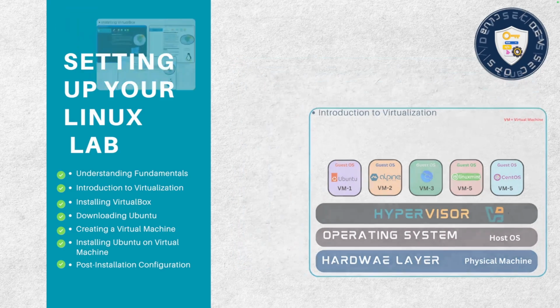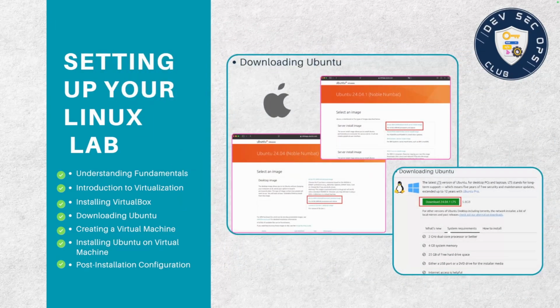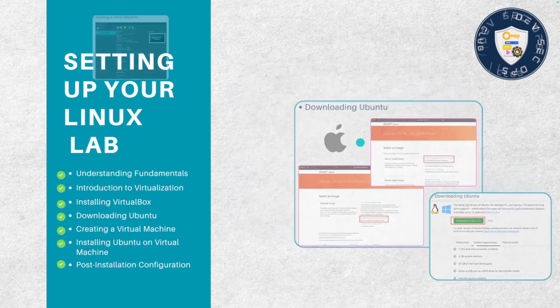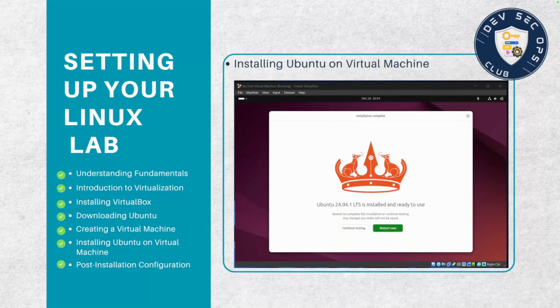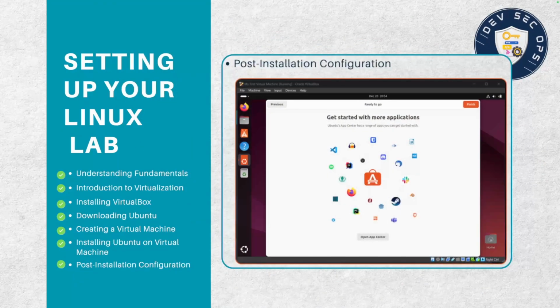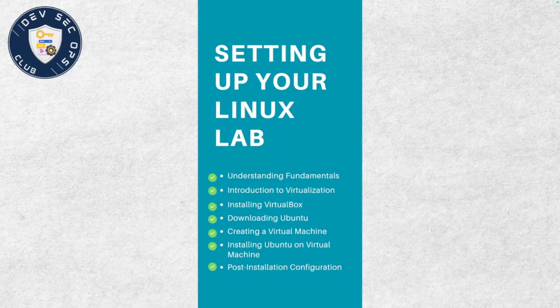Then we saw how to install VirtualBox, downloaded the Ubuntu operating system, especially for the Mac, and created a virtual machine. Finally we installed the Ubuntu operating system, and after the installation we did the post configuration. That was our agenda, and we have already covered all of it in our last session.